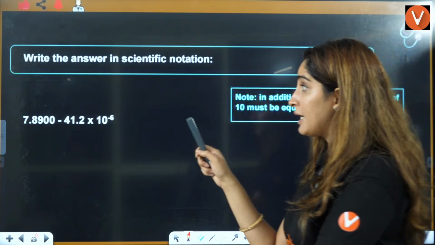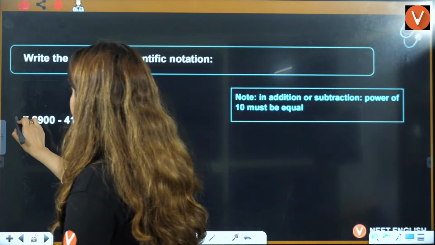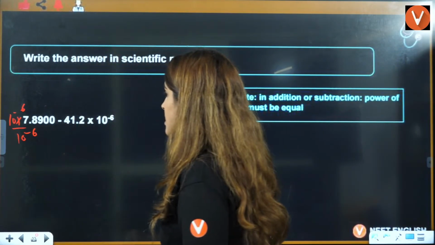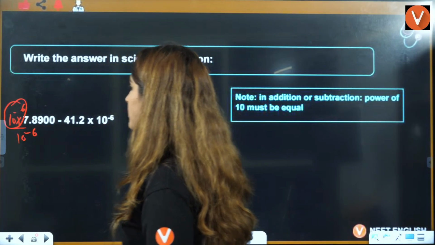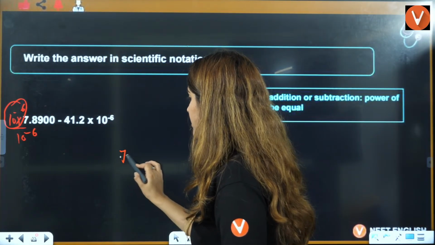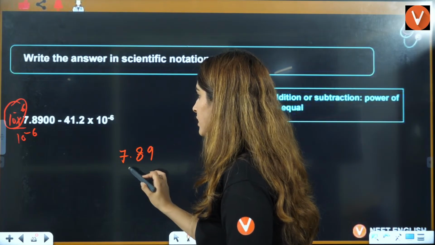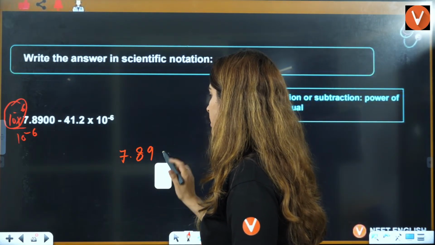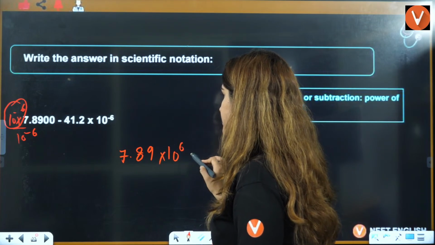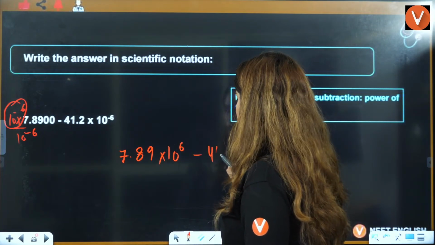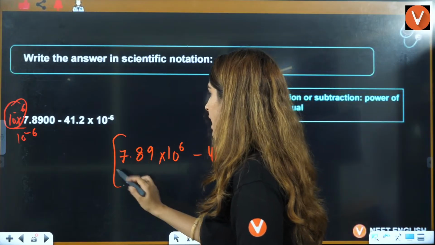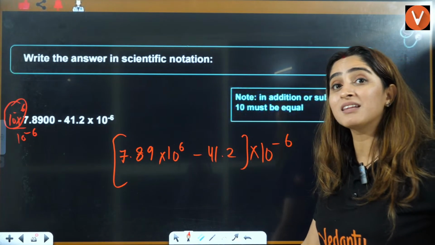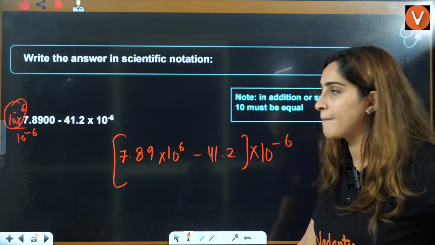If I multiply this by 10 raised to minus 6 and divide this by 10 raised to minus 6, right, this 10 raised to minus 6 will become common and this will become 7.89 divided by 10 raised to minus 6, that will become multiplied by 10 raised to 6 minus 4 1.2, and this whole is multiplied by 10 raised to minus 6. And after that you have to solve, right?